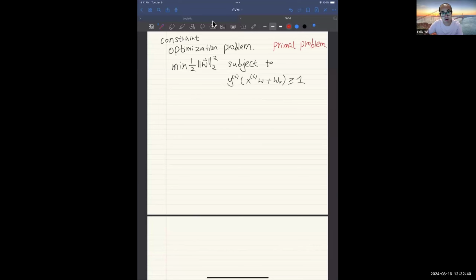Then we can define something called the Lagrangian. I'm going to introduce a dual variable called alpha here. This basically turns the constrained optimization into an unconstrained optimization by introducing these dual variables.